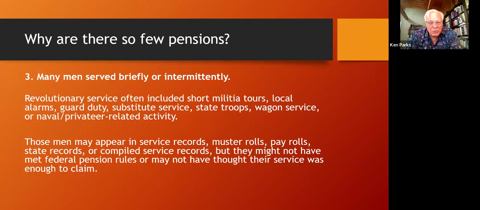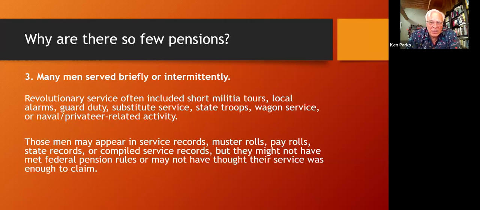But in the Revolution, it was generally shorter terms of service. People signed up for a while. Obviously, we know from the history that Washington had trouble at times keeping his army together because the terms of service were up, and many men simply gave up and went home.